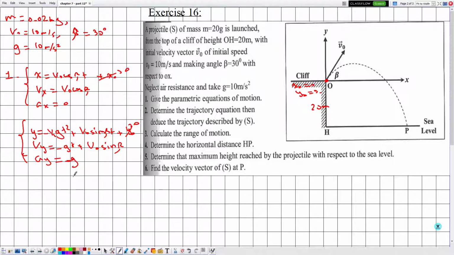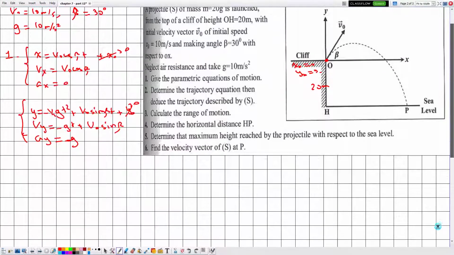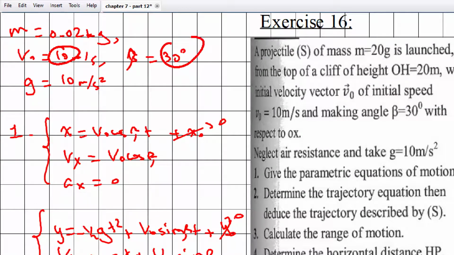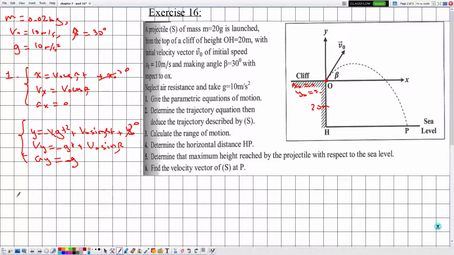Okay, now let's replace some values. We have that v0 is equal to 10 and beta is equal to 30. So if we replace the values, x is equal to v0, which is 10, multiplied by cosine 30, so this is equal to 8.66.